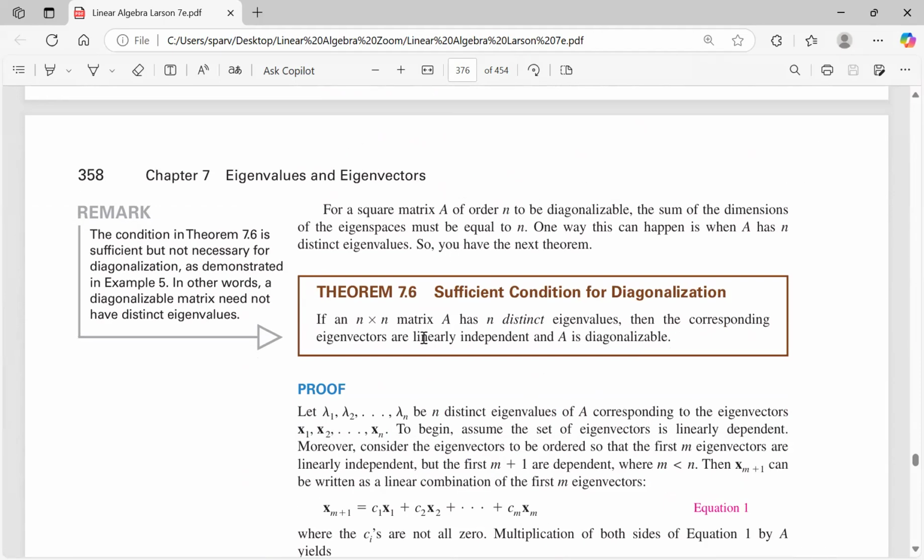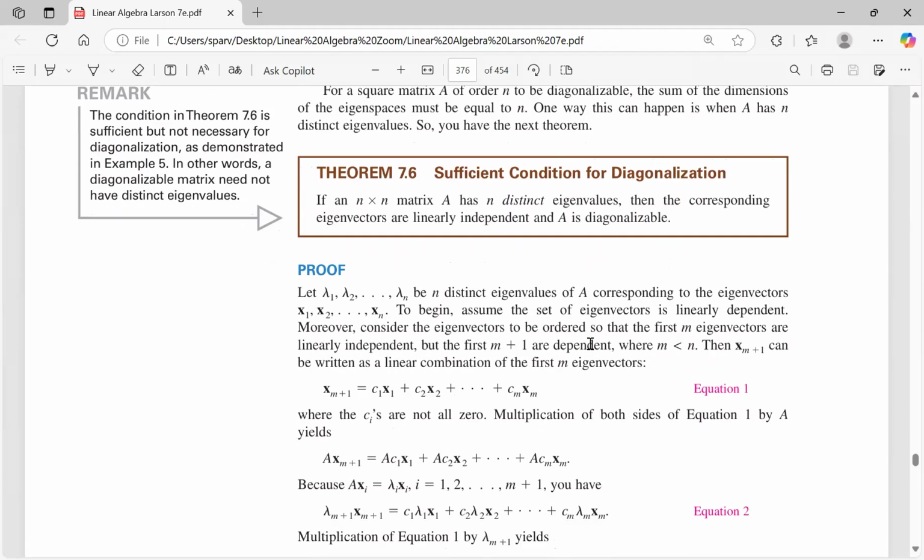Again, this theorem, the sufficient condition for diagonalization: if a square matrix has n distinct eigenvalues, they have to be different, no multiplicity other than 1, then the eigenvectors are linearly independent and A is diagonalizable. Okay.